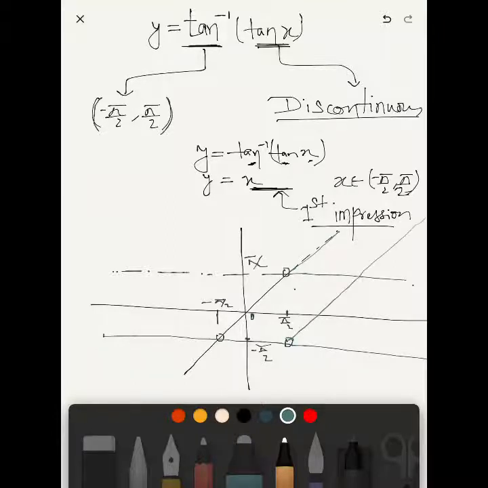So the graph will again look like this, isn't it? Here you will have a hollow circle. Again you have to break this graph, okay, and start drawing from the other boundary. Okay, are you getting my point?